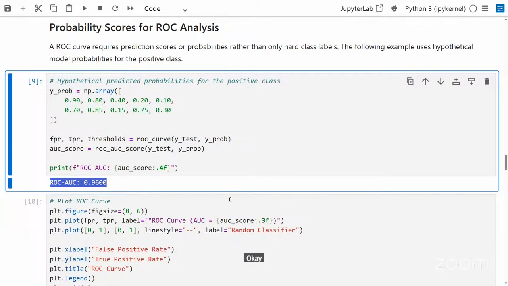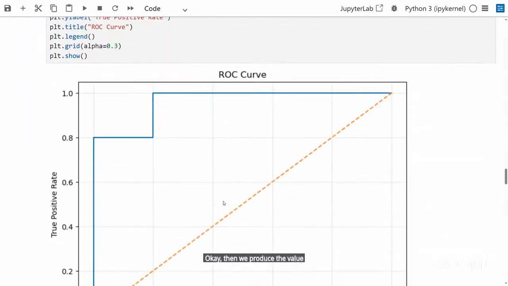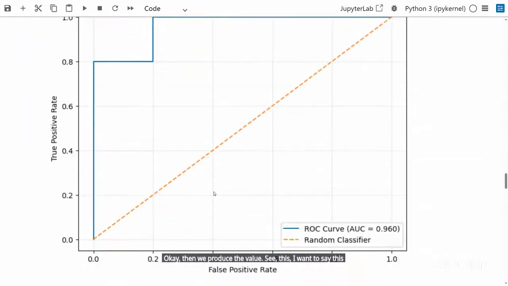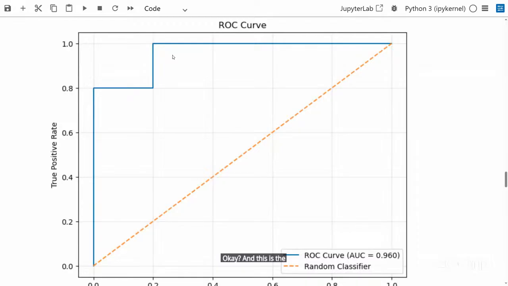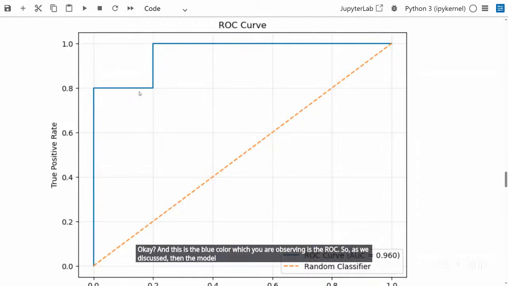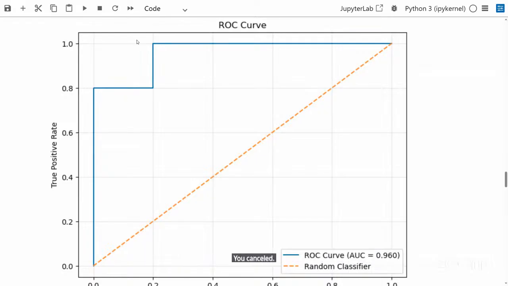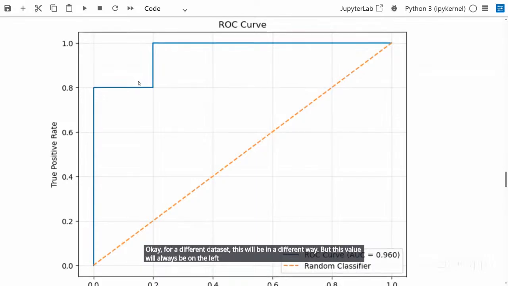Okay, then we plot the value. Okay, so this is the random classifier. And the blue color which you are observing, this is the ROC. As we discussed, the model lies always in the left top corner. You can see this is the left top corner. Okay, for a different data set this will be in a different way, but this curve will always be on the left side.